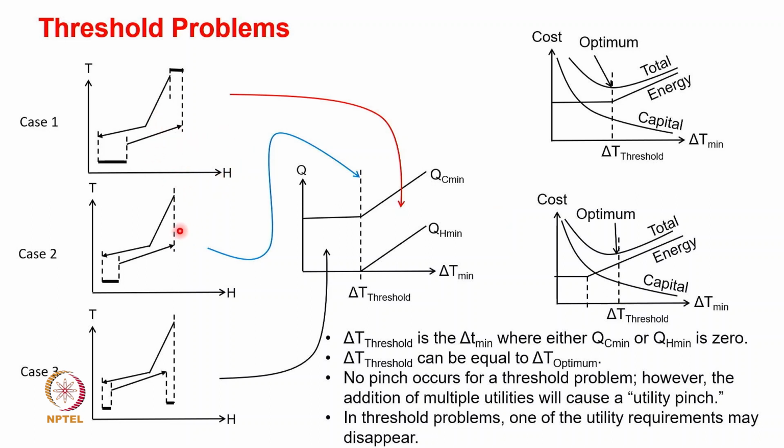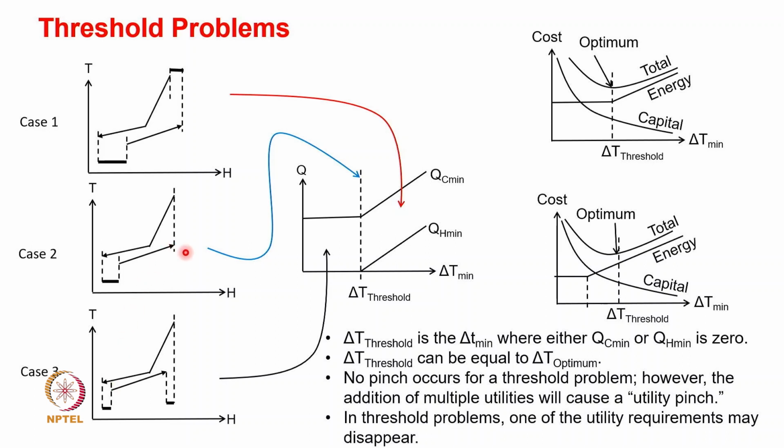If you are reaching a threshold problem, the advantage is that one of the utility requirements you can make disappear, but further moving around the streams will not reduce the requirement of the utilities.